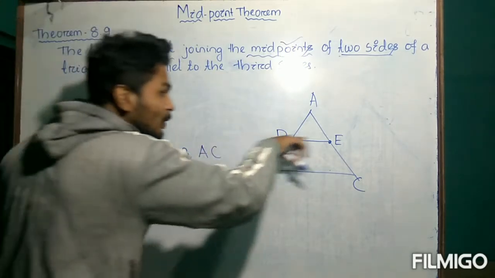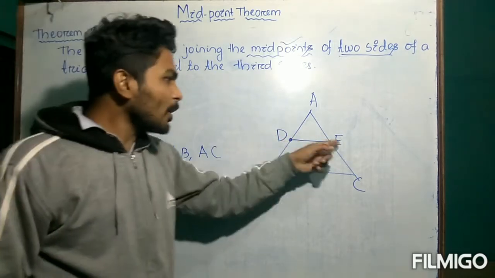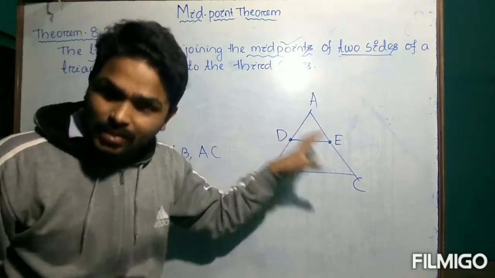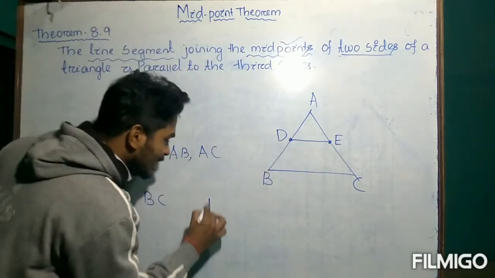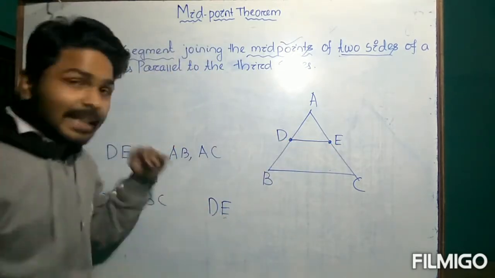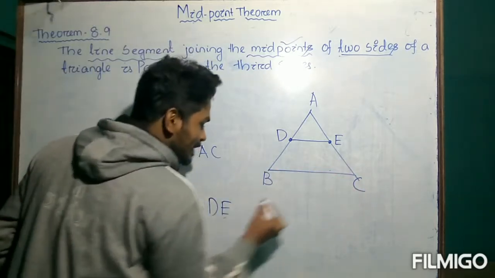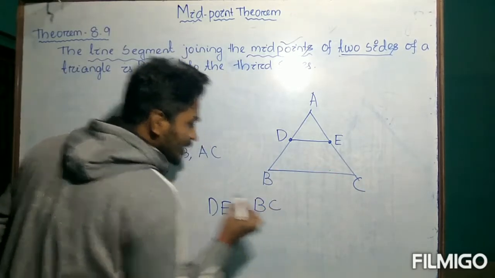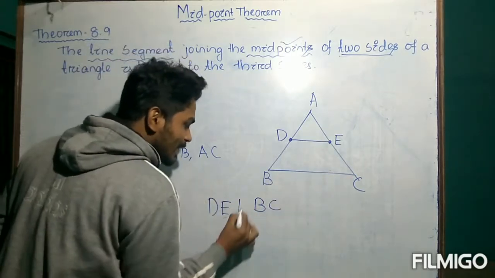And the line segment that we get is DE, by joining the midpoints of any other two sides of this triangle. So we have to prove that this line segment DE is parallel to the third side. Third side is BC. So this line segment DE is parallel to the side BC.